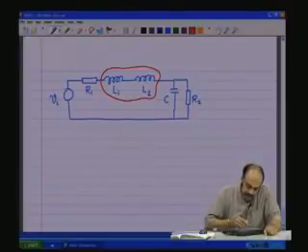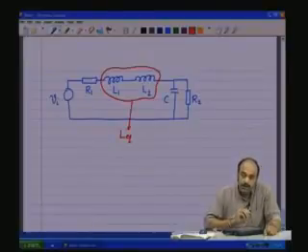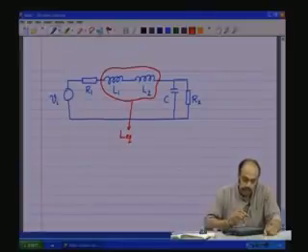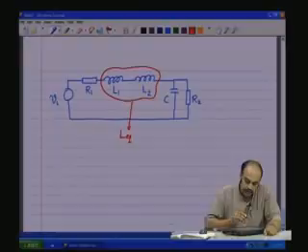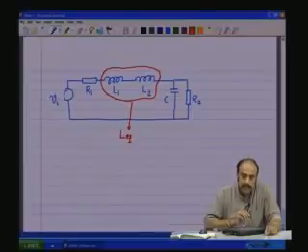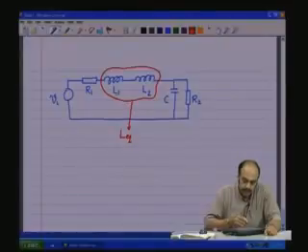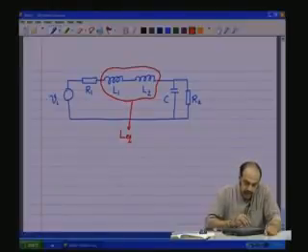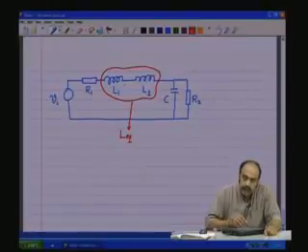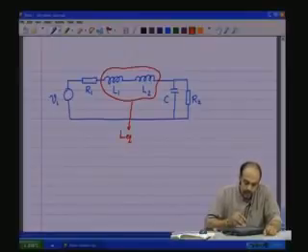It can be considered as one single inductance L equivalent, or either the L1 inductor or the L2 inductor can be considered as the energy storing element and the corresponding variable can be taken as the state variable, which means in this case, as they are all coming in a loop, the current through L1 and the current through L2 are the same. So only one of them can act as a state variable.